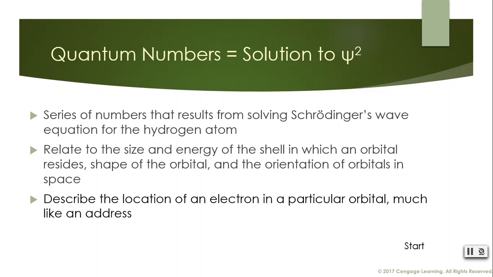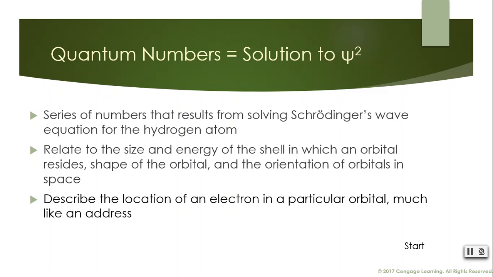So in the previous video, we introduced this concept of a wave function. A wave function is a hallmark of the quantum mechanical model of the atom. This wave function deals with the wave-like properties and the particle-like properties of an electron, and it seeks to explain where an electron is most likely to be found in an atom.